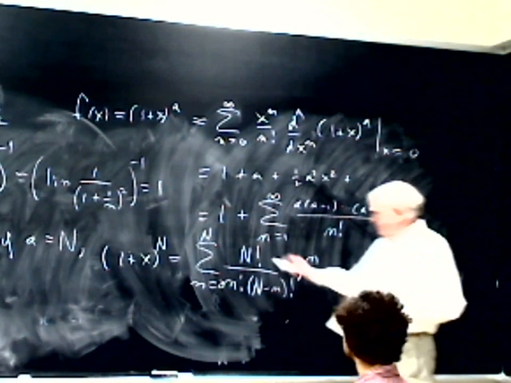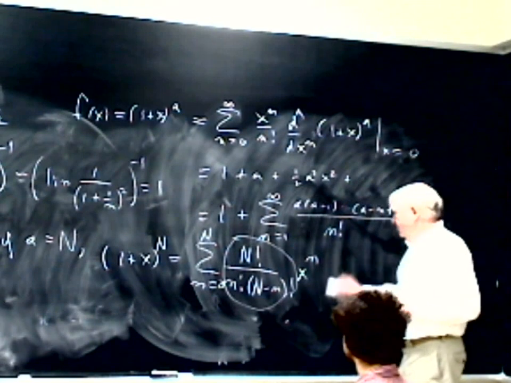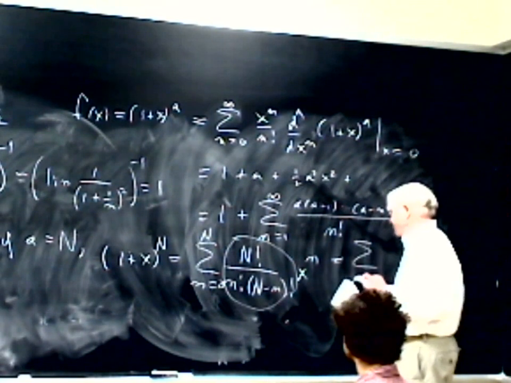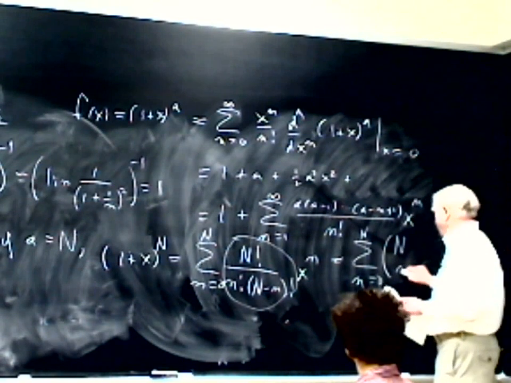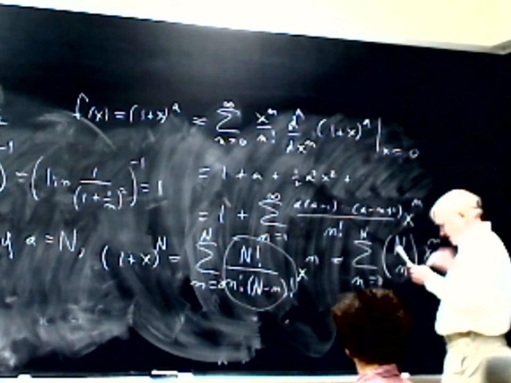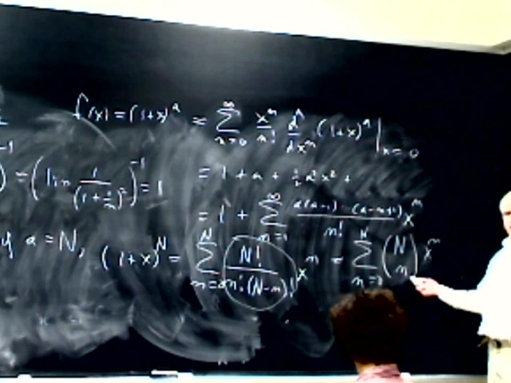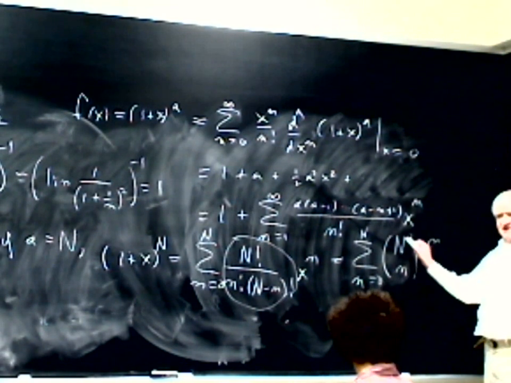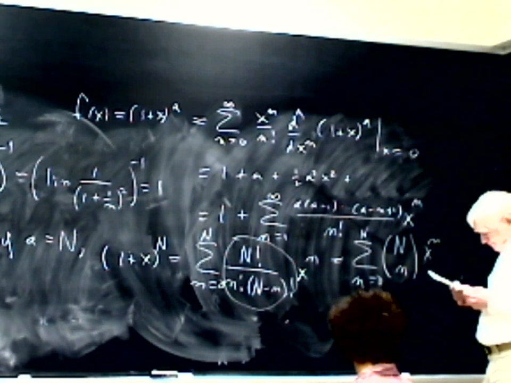Now, this combination of factorials is called the binomial coefficient, so this is the sum from n equals 0 to big N of (N choose n) x to the n. Some people call it "choose," because this combination occurs in probability calculations.